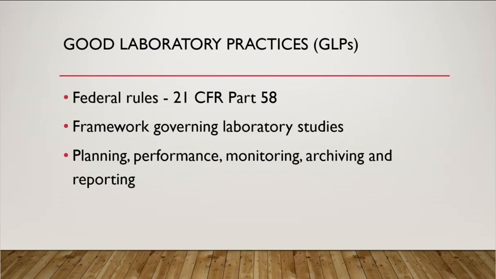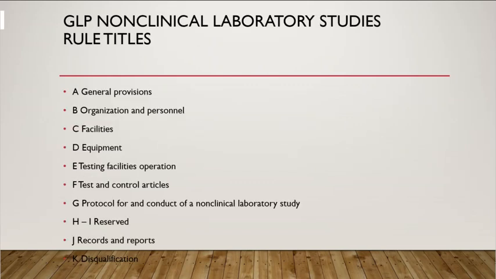So let's take a look just to give you an overview of the lab study rule titles. You'll notice I haven't animated this slide, and that's because all I would like for you to do is, as you hear me talking, just let your eye run down these chapter titles in the rules about non-clinical lab studies.